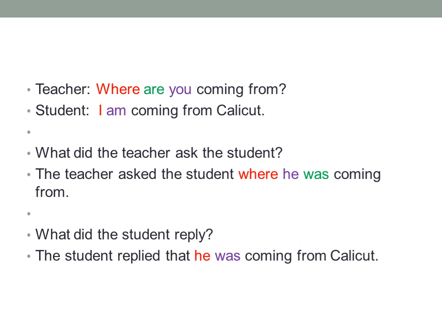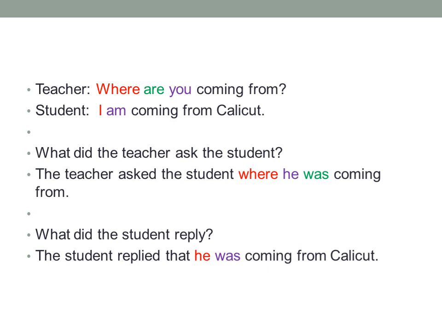Look at the answer. The teacher asked the student, where we have written the question word as such. It is marked in red color. After that, we can see he. Here it is the subject.